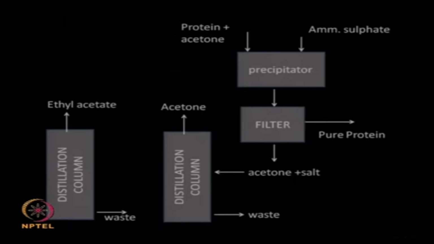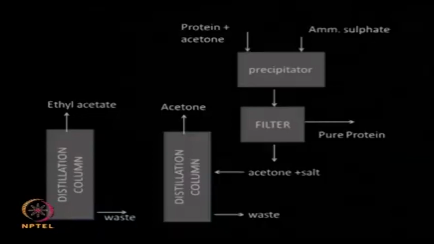So in any flow sheet design, it is not that you will always have one approach for recovery and purification of the product. You may have 2-3 different approaches, and each approach has its own advantages and disadvantages. Each approach will have a certain cost factor involved in it, and each approach will have different yields of the product and purity.